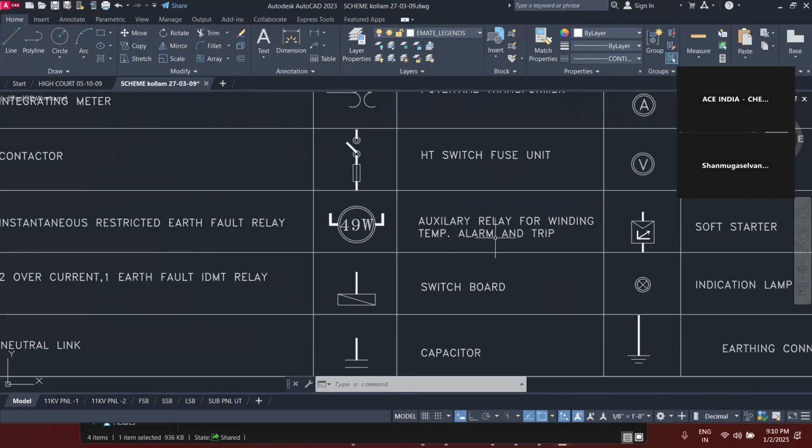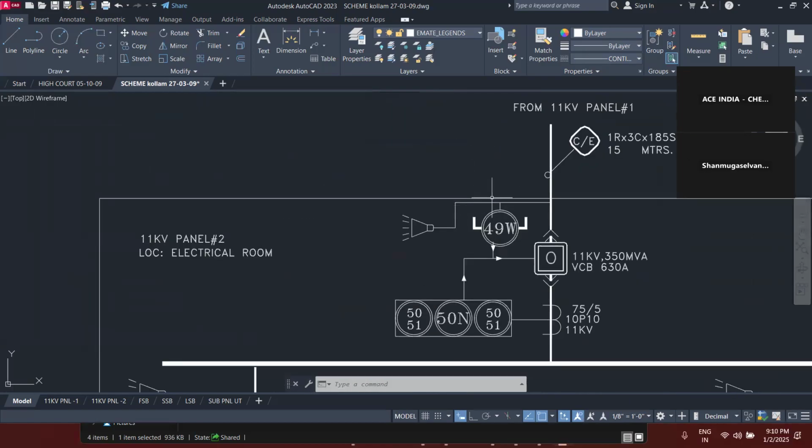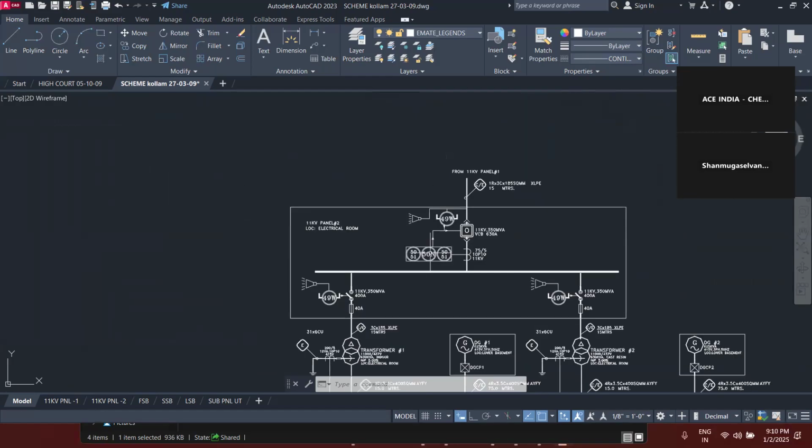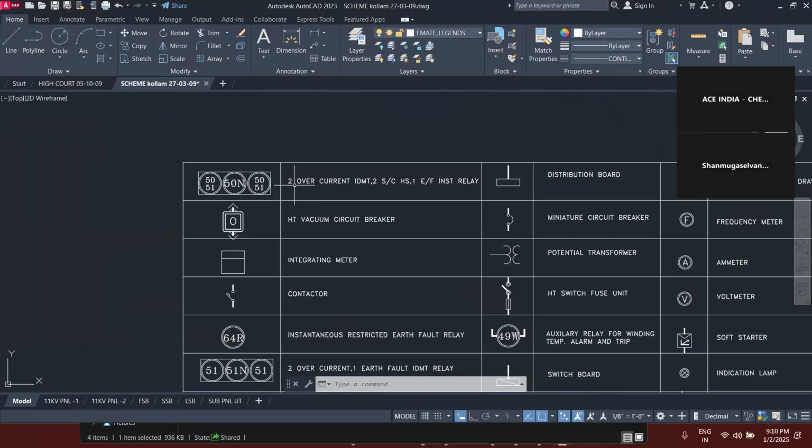Okay, for the trip and alarm, again, see a speaker will be connected for the alarm. Then 50, 51, 50 is actually again a relay, representing our current relay. Okay, so everything is actually mentioned here. You can check it out.